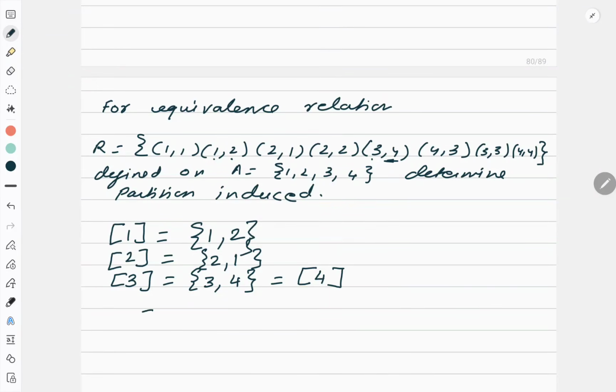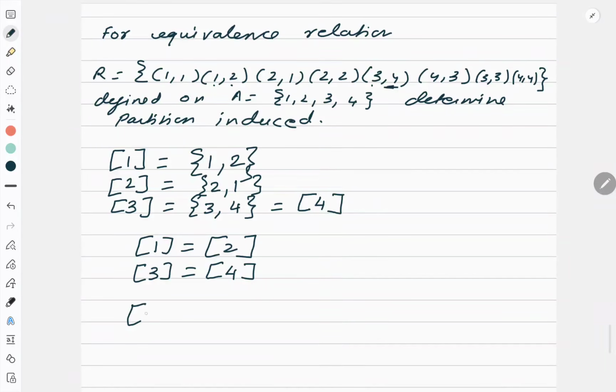So what I realize is that the equivalence class of 1 is equal to the equivalence class of 2, and the equivalence class of 3 is equal to the equivalence class of 4. The equivalence classes of 1 and 3 are disjoint, right? Same way the equivalence classes of 2 and 4 are also disjoint, right?